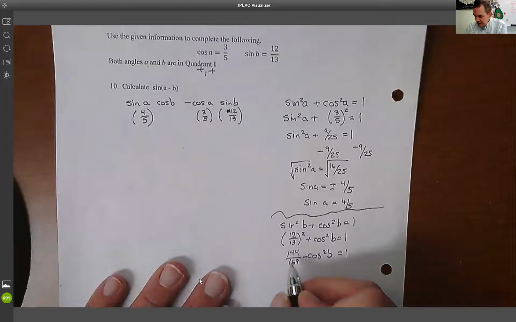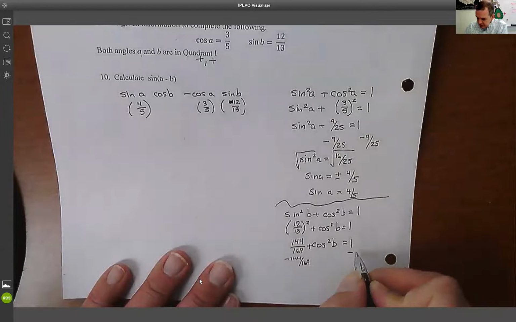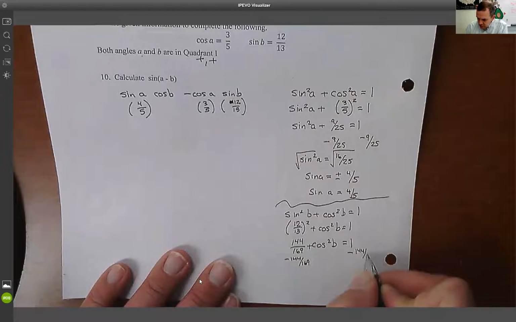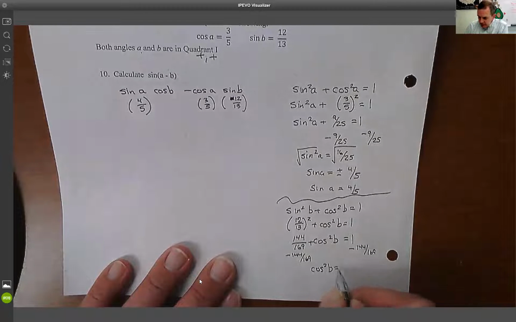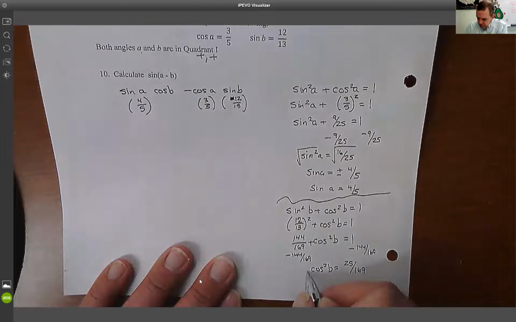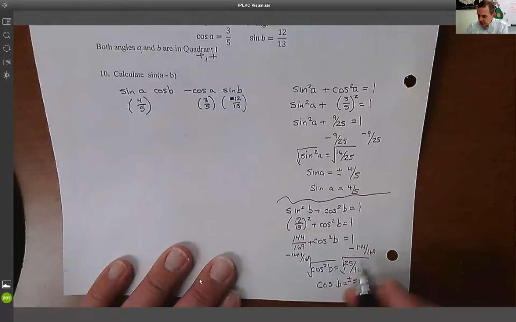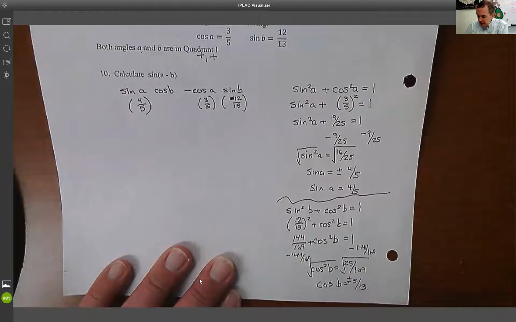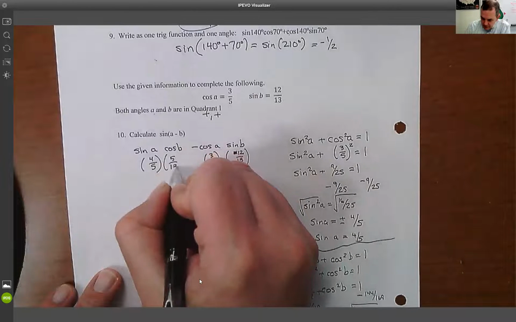When I subtract 144/169 from both sides, I'm going to get cosine squared b equals 25/169. Square root both sides. Cosine of b is going to equal plus or minus 5/13, but again, quadrant 1, so I know it's going to be the positive one. So that tells me that this is 5/13.